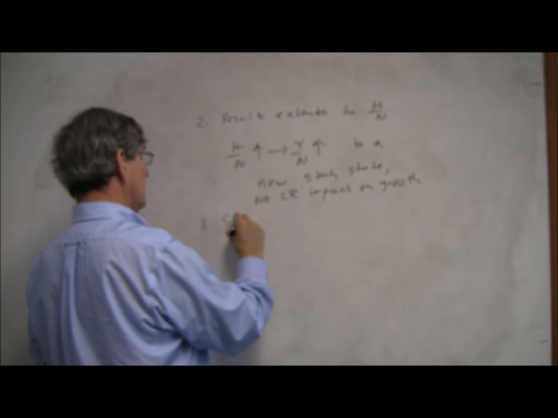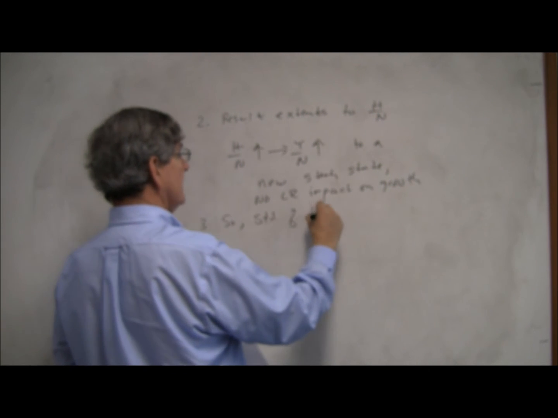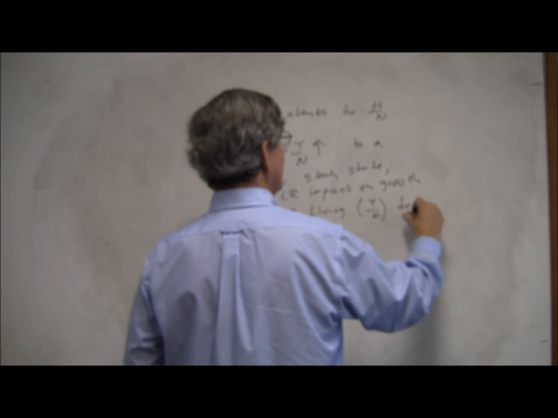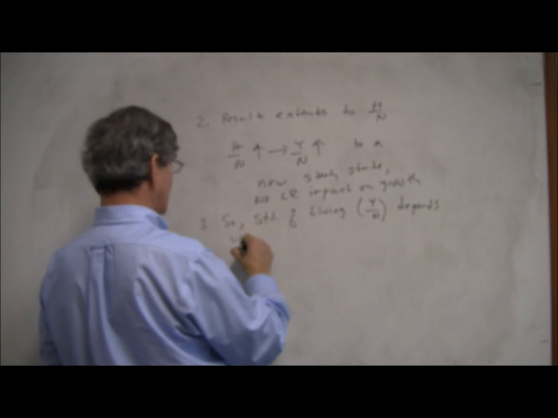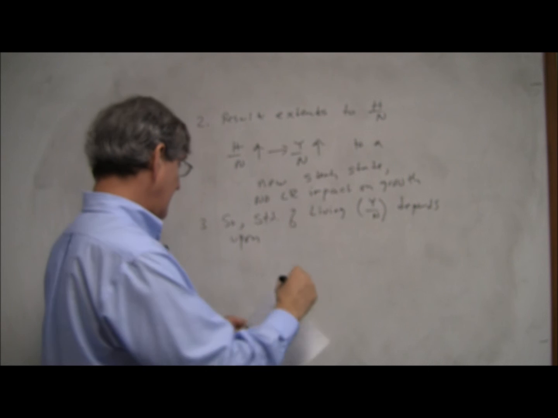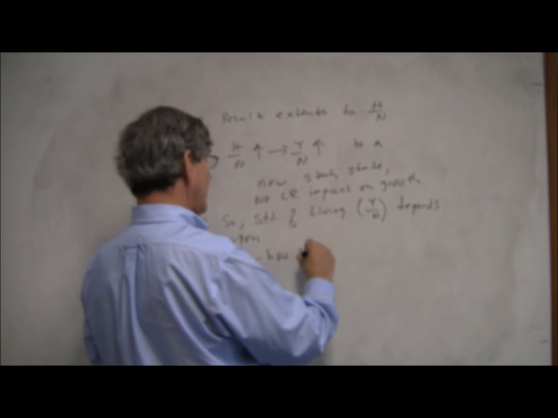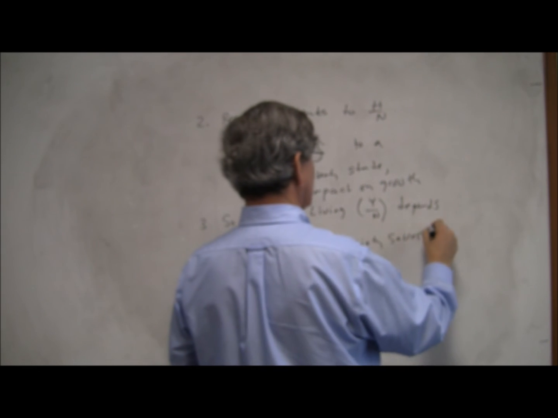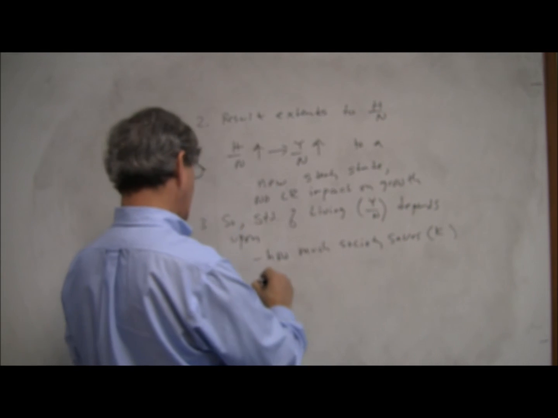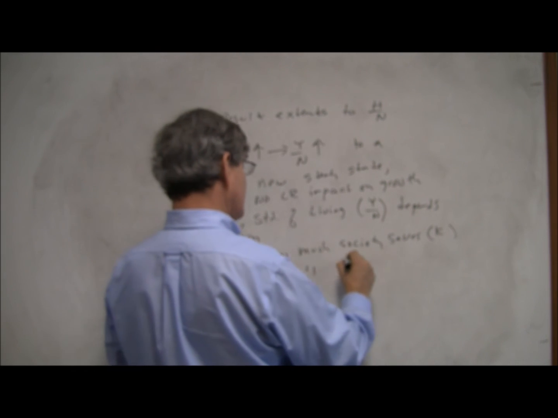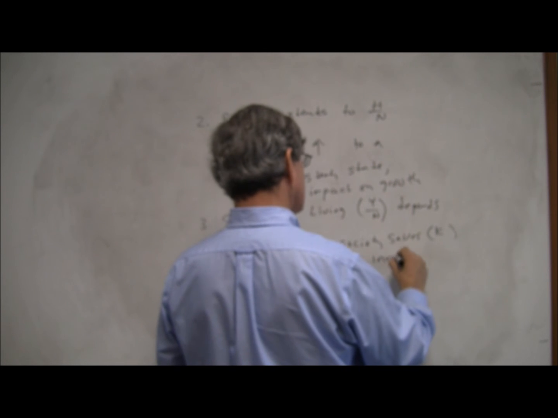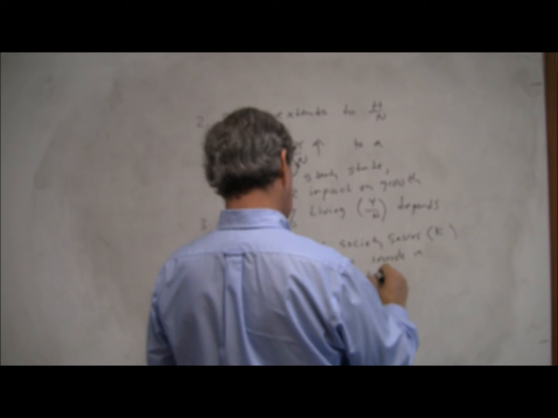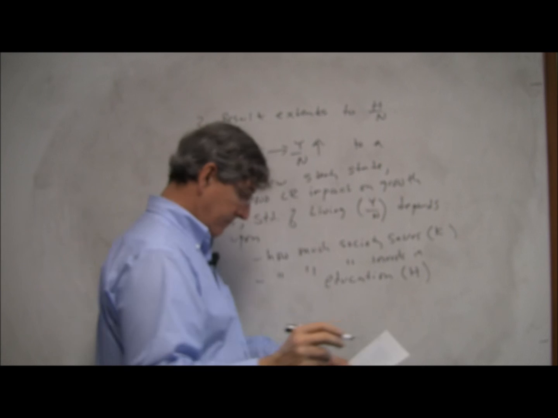So, the standard of living, which we're measuring as Y over N, depends upon two things. How much society saves, that's where K comes from, and how much society invests, sort of another way to save, in education. That's where H comes from.